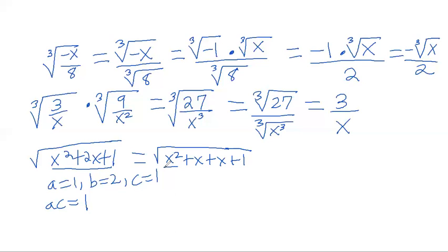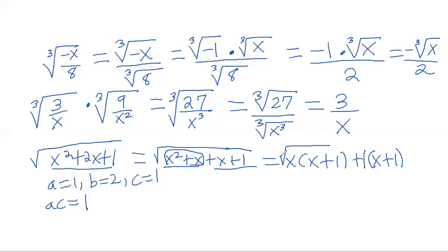Now we want to factor by grouping, one group at a time. Out of this group here, I can factor out an x. So I have x times x plus 1. And then here I have x plus 1. Well, these are the same thing, but there's actually a 1 here, right? Because 1 times x plus 1 is just x plus 1.